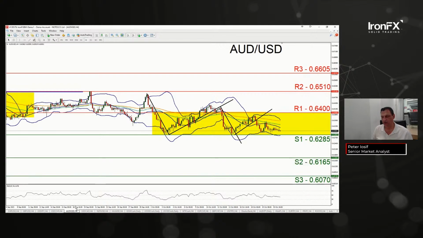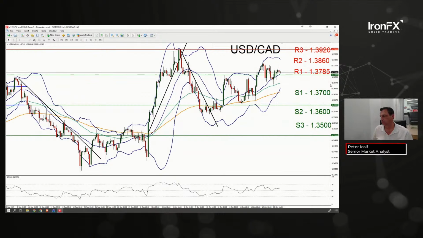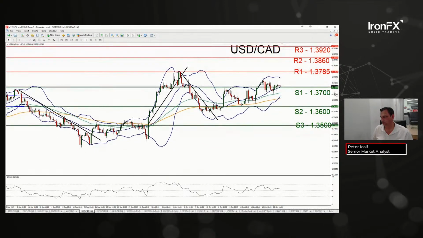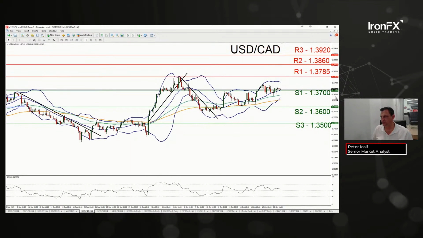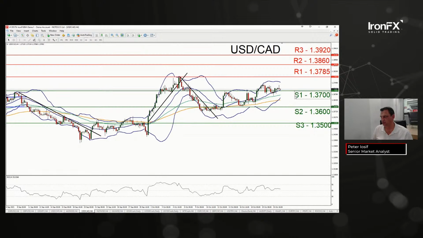Okay, let's have a look now at USD CAD, the other commodity currency. USD CAD, which has resurfaced practically above the 1.37. At this point, I would like to have another look at the resistance lines. Give me a sec.